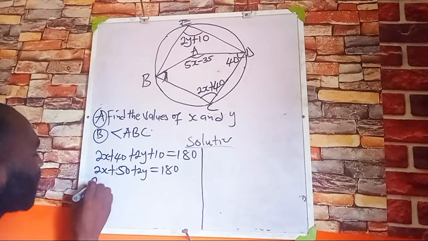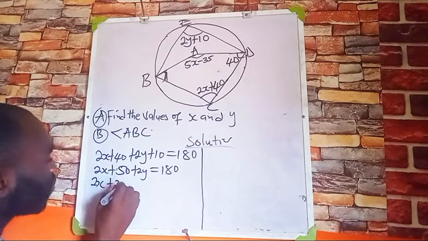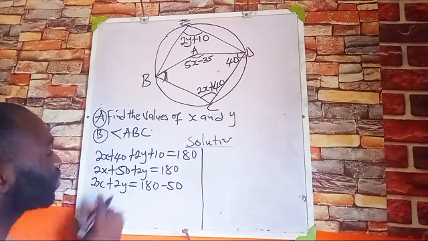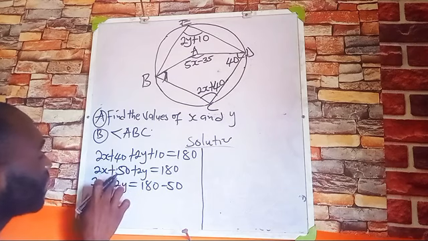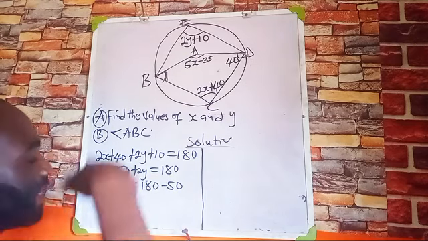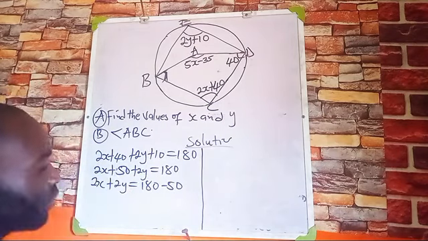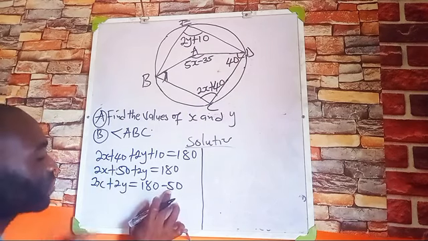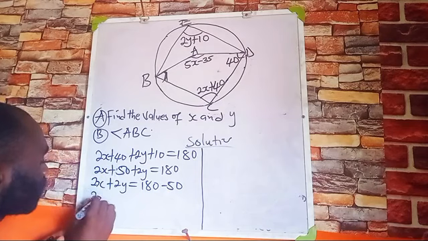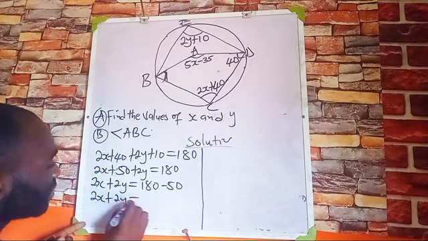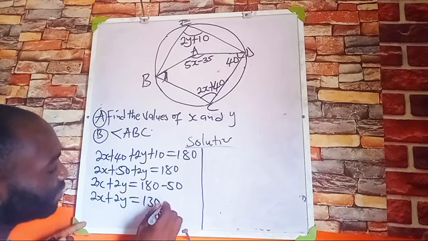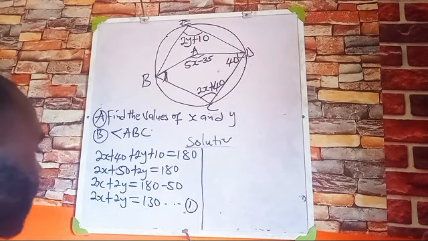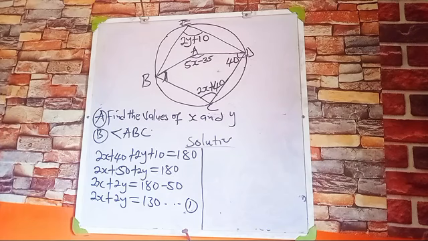So we have 2x plus 2y is equal to 180 minus 50, because when you move a number to the right hand side, the sign changes. If it is plus, it changes to minus. If it is minus, it changes to plus. That is why we're having minus 50 here. So 2x plus 2y is equal to 130. Let's call this equation 1.